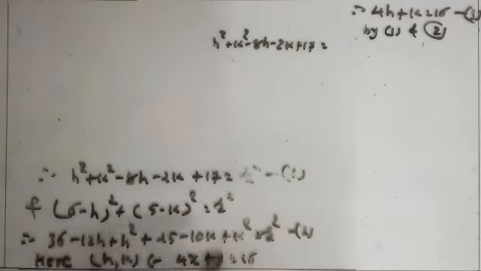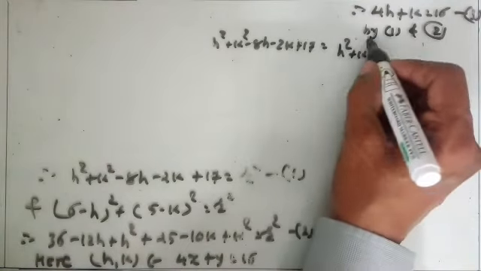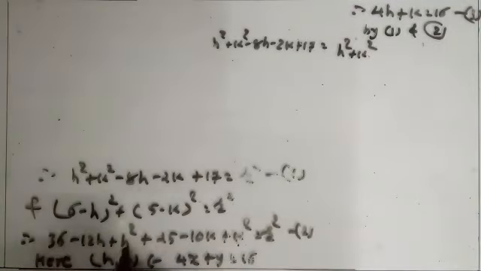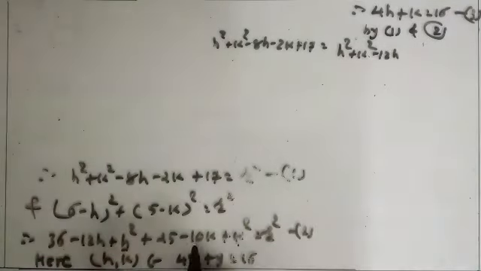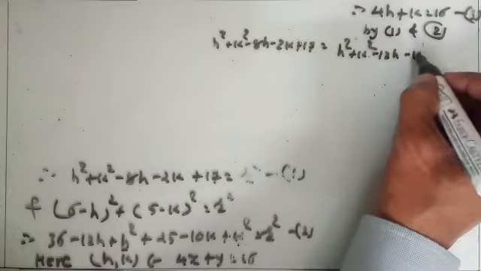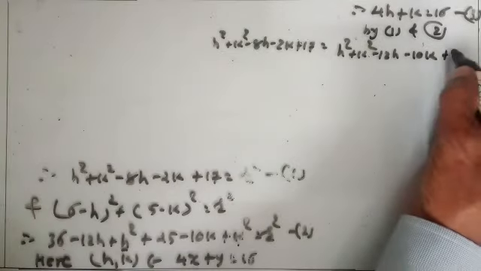Here we get h square plus k square minus 12h minus 10k plus 36 plus 25, right, same.